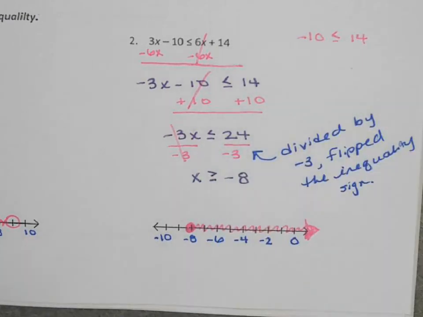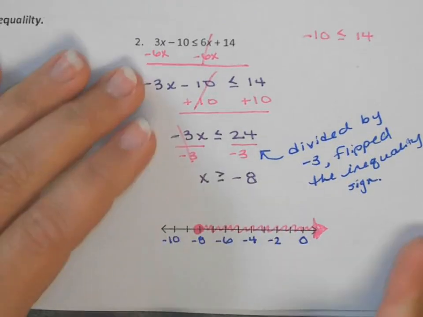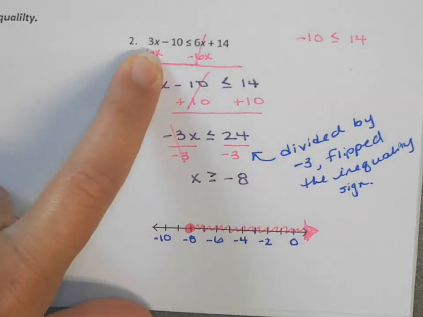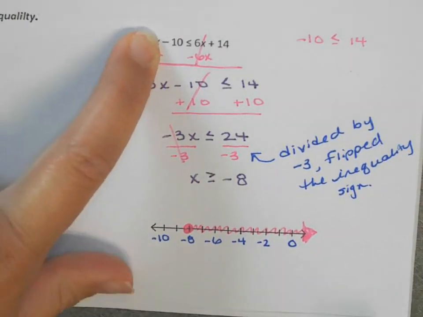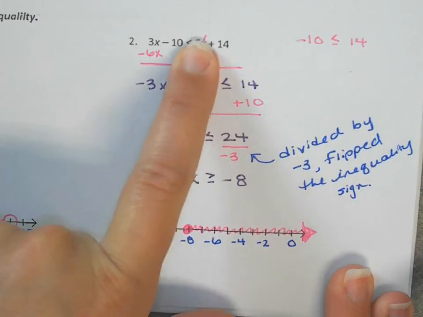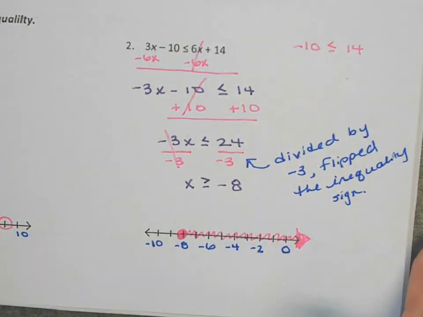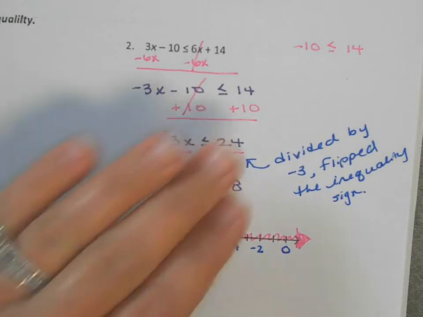Yeah, then I shaded correct because the solutions are shaded. And all I did there was plug in 0. When you multiply by 0, it goes away, right? So that's how that side ended up being negative 10. 6 times 0 is 0, plus 14 is 14. So 0 is super easy to plug in. That's why I typically will plug in 0 if I can. And if 0 is not a solution, if you plug it in, it shouldn't work.